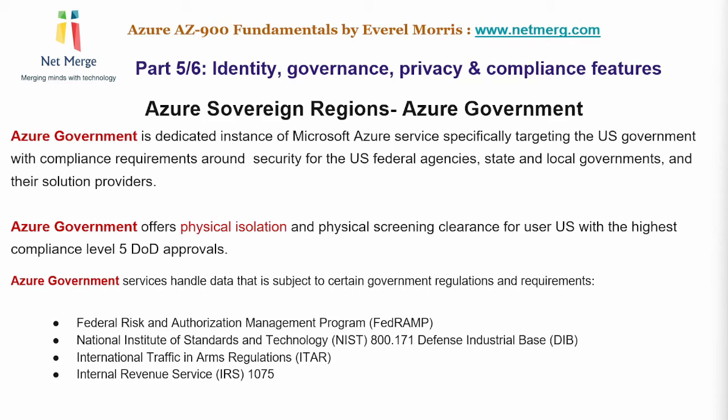That's another compliance that the government would require. And then there's Department of Defense level 4. And then there's another one, the Criminal Justice Information Services that we spoke about, CJIS. So all these compliance and regulatory standards you would have to adhere to within this dedicated sovereign region for Azure Government of the United States.